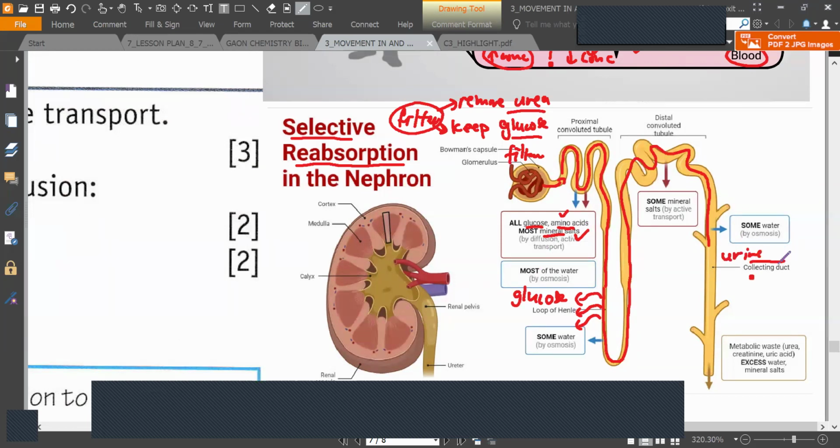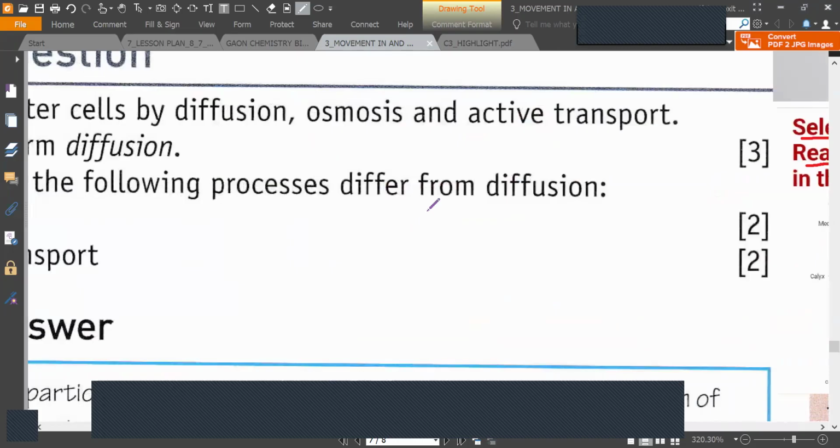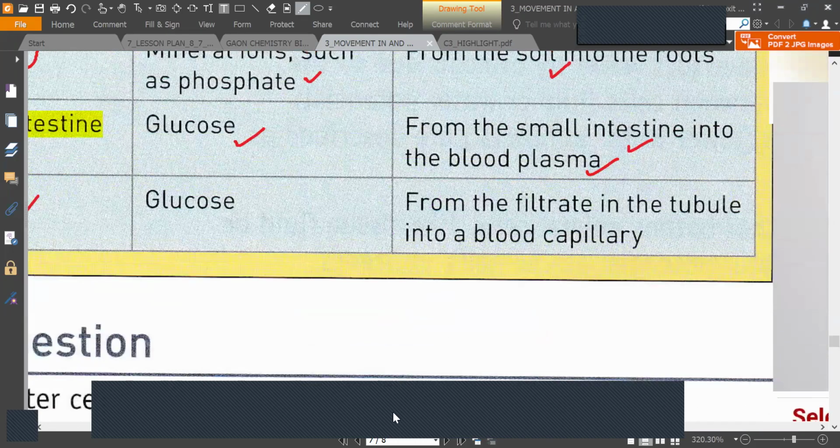The urea we let go with our urine, but we reabsorb the glucose. We don't want to waste it. For this glucose reabsorption, we will use active transport. It depends: if the glucose is at high concentration, it will come in by diffusion naturally, but if it is at low concentration inside here, we can take it back by active transport. So that is the concept of how it works in our kidney tubules.